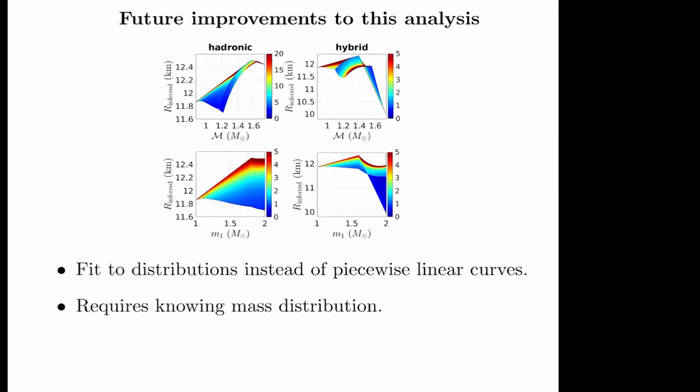So once LIGO has observed enough events to where we have a decent idea of what the actual neutron star distribution is, this is something that is reasonable to do. Okay, but until then, I think that you have to make too many assumptions for it to be fruitful, which is why we didn't do it.